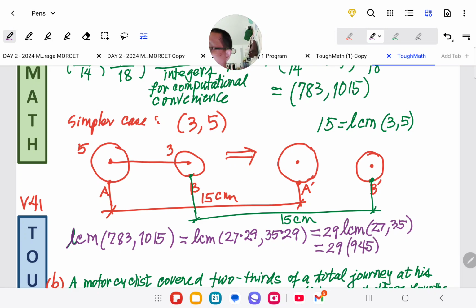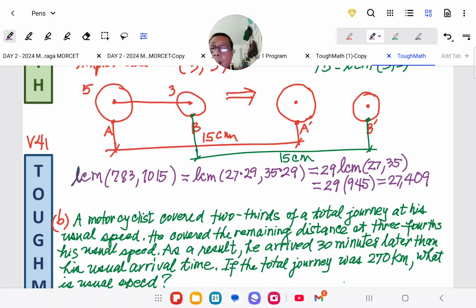And so we have this number, 29 times 945, which is 27,405. Now, to get this result, we have multiplied the original fractions by a certain number to make the fractions become integers.